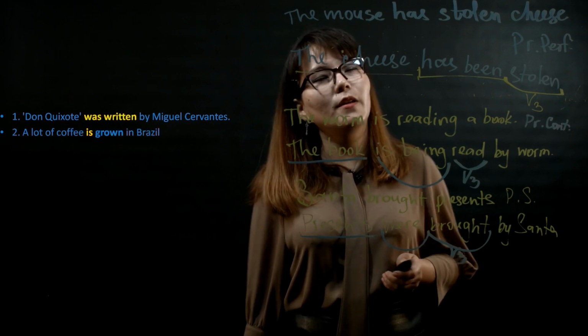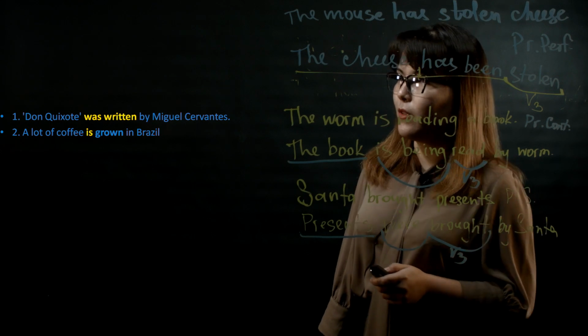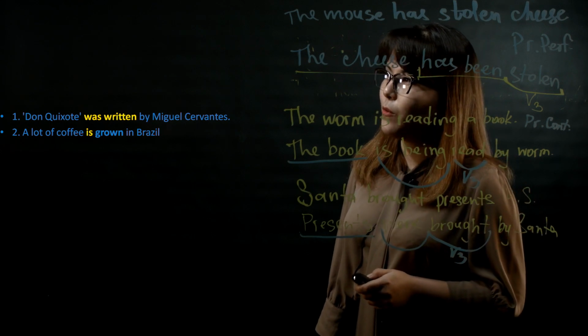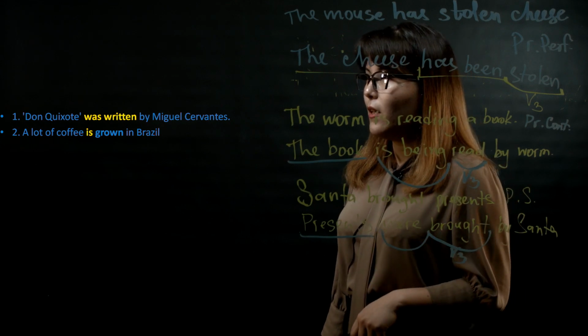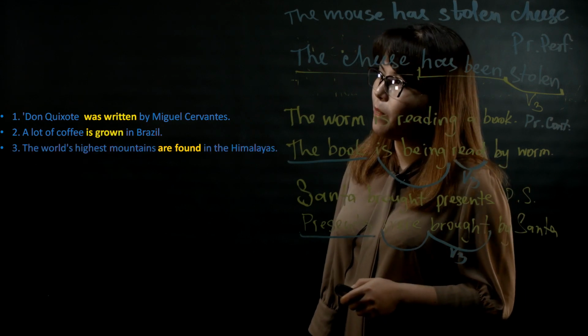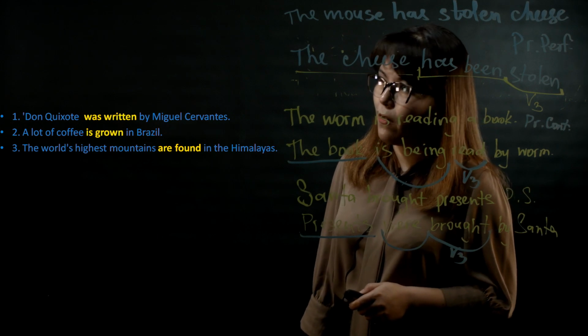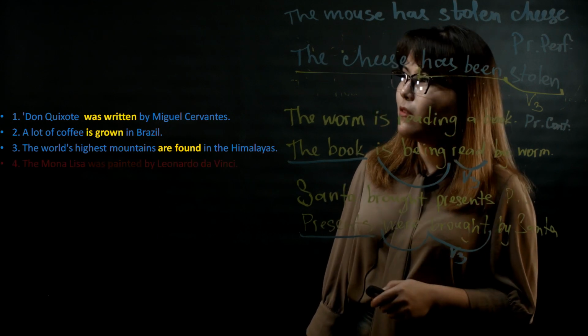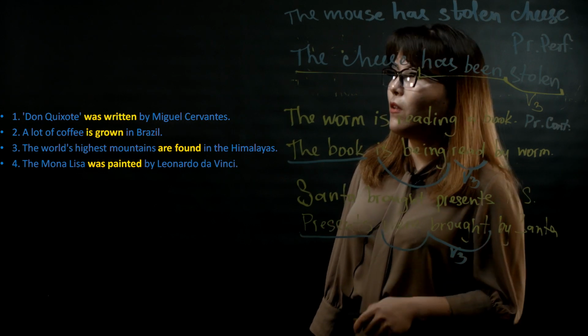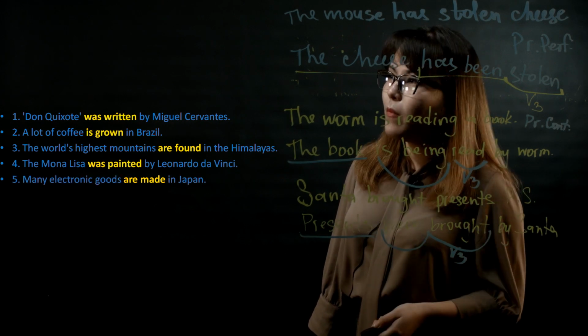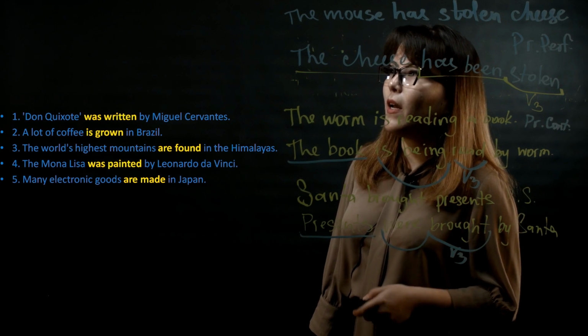A lot of coffee is grown in Brazil. Here you may see again the auxiliary verb and then the past participle. The world's highest mountains are found in the Himalayas. Then the Mona Lisa was painted by Leonardo da Vinci. Then are made in Japan. Yes, you're right.